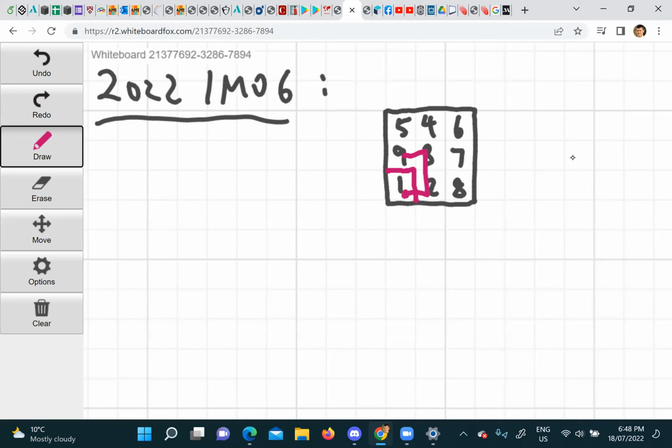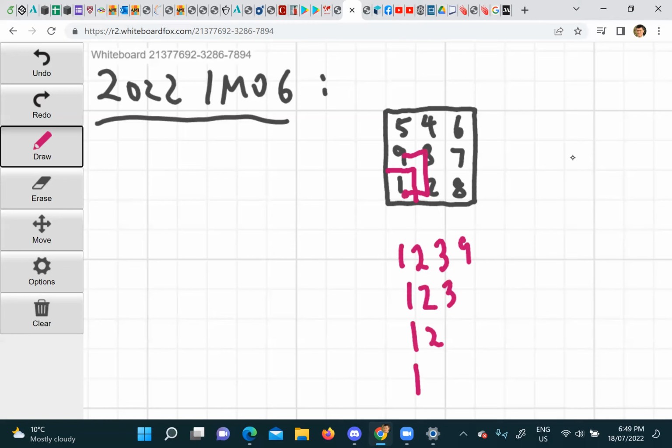Do you count 1, 2 as well? Yeah, you also count 1, you also count 1, 2, you also count 1, 2, 3, and you also count 1, 2, 3, 9. So that one uphill path from 1, 2, 3 to 9 actually gives you 4 uphill paths, okay?